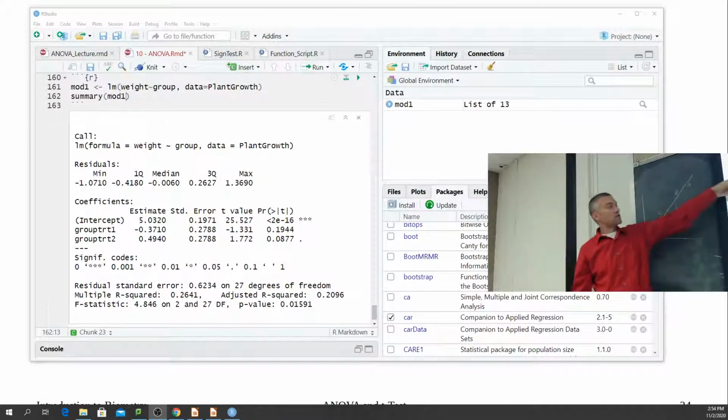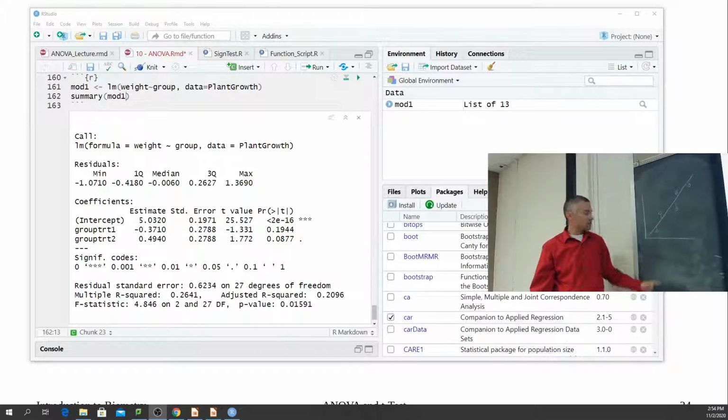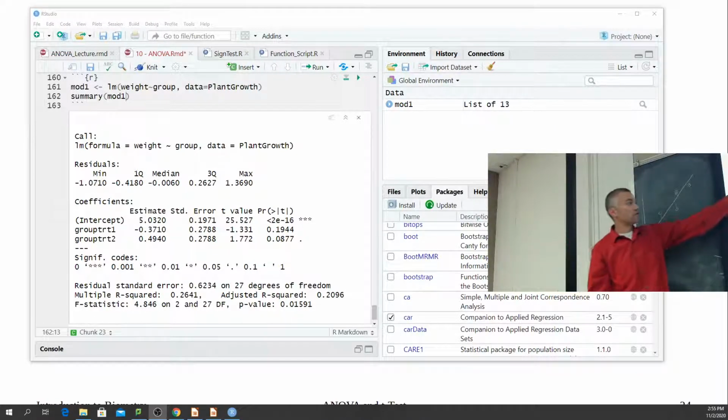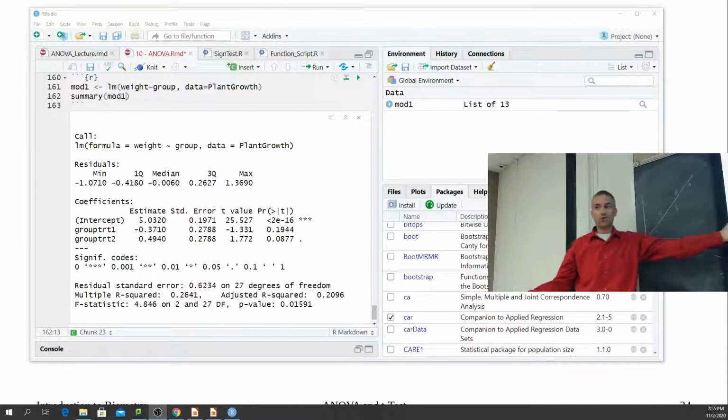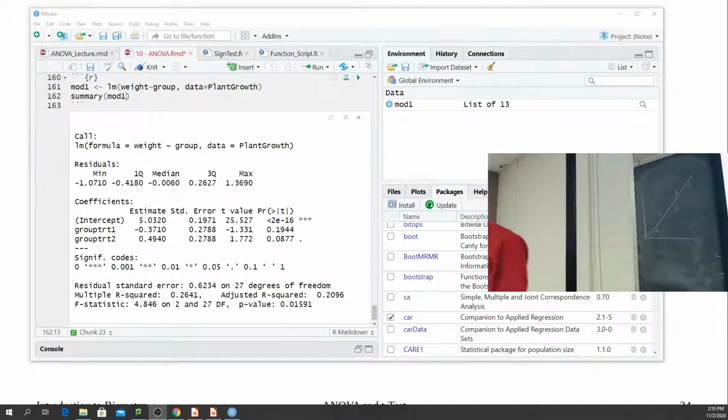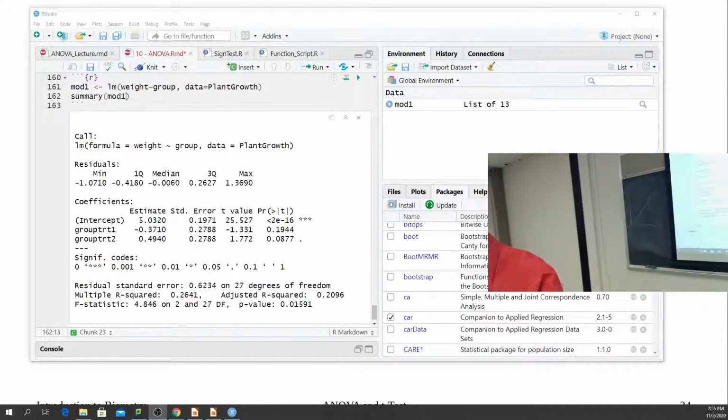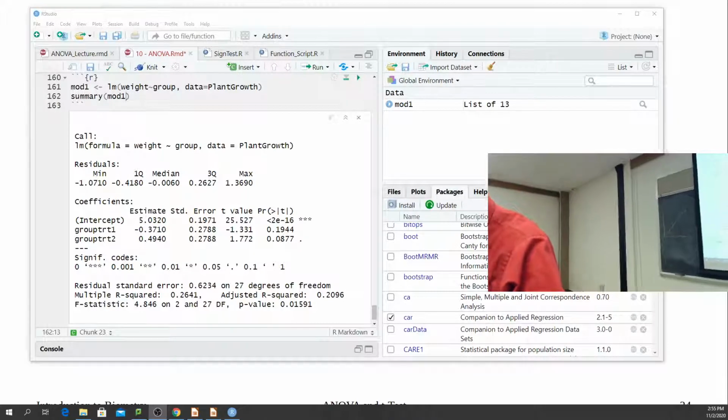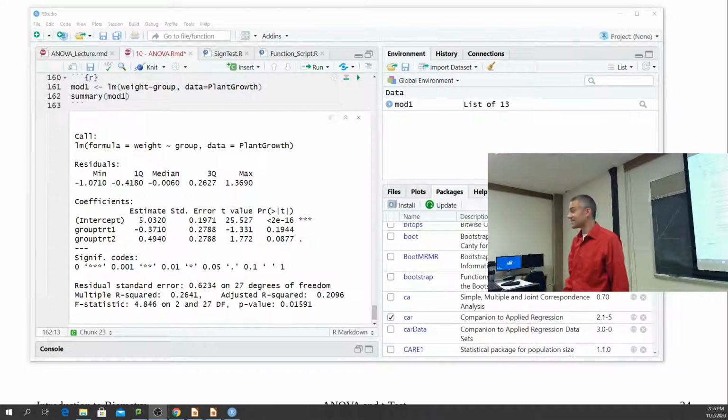Next up, the coefficients. The coefficients actually tell us the equation of this line. All right? For us, we have a group with 3 levels. We have treatment 1, treatment 2, and then our control, not here. Well, where is our control? Any guesses?